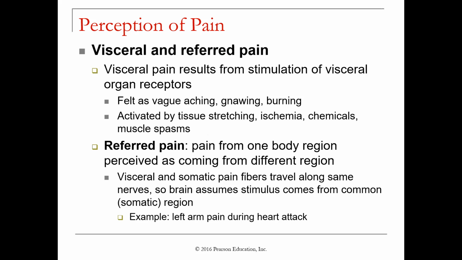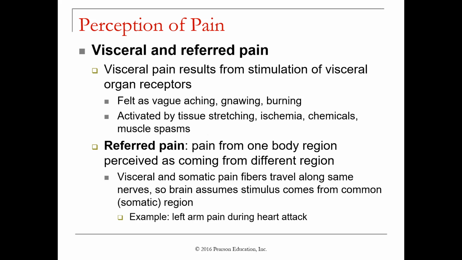Okay, now, something else that pain does to throw us a curve is what's known as, we have visceral pain and referred pain. Visceral pain occurs in the viscera, the internal organs, either in the abdominal cavity or in the thoracic cavity. You have acid reflux.